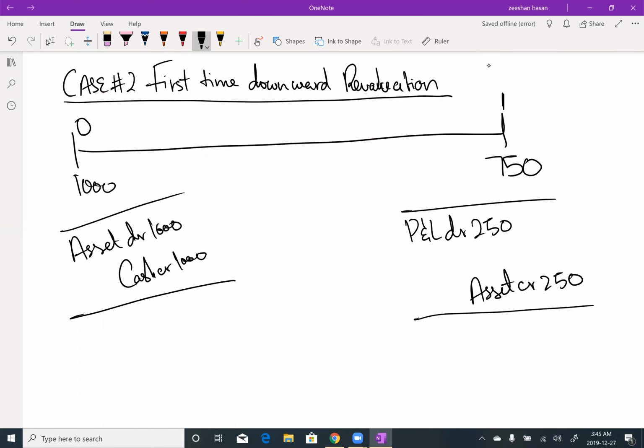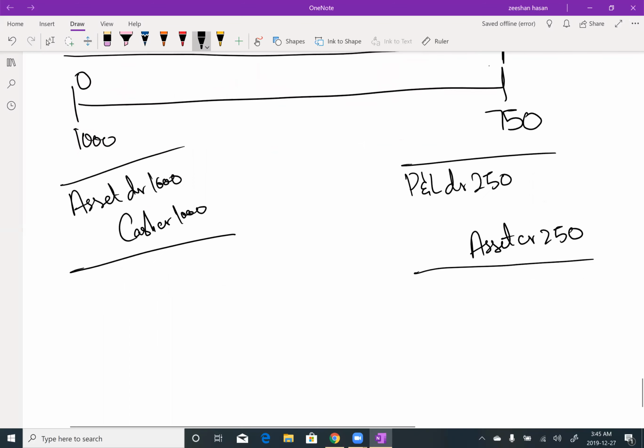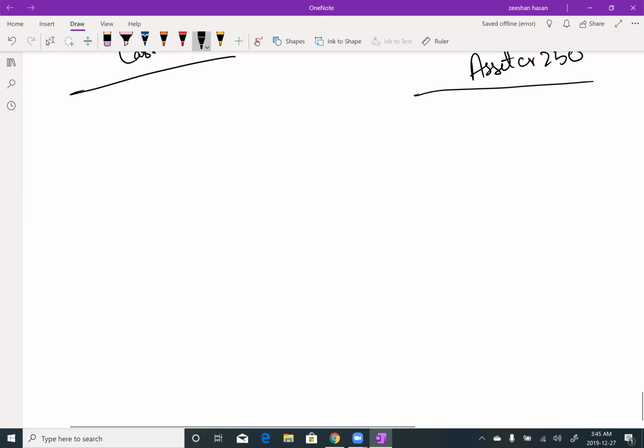It is the application of the prudence concept, which says do not recognize a gain until it has happened, and recognize an expense as soon as you even foresee it. So case number two is done. Now case number three.